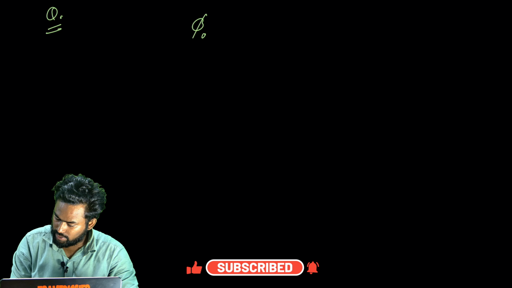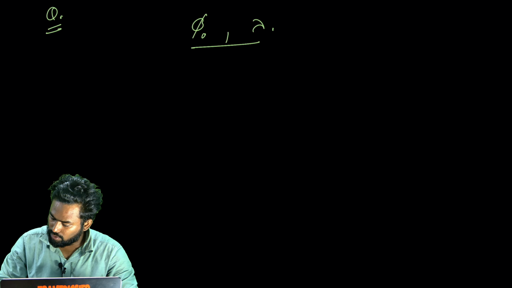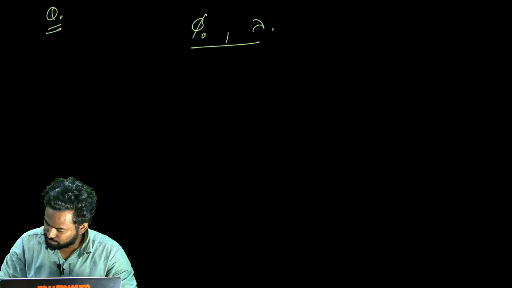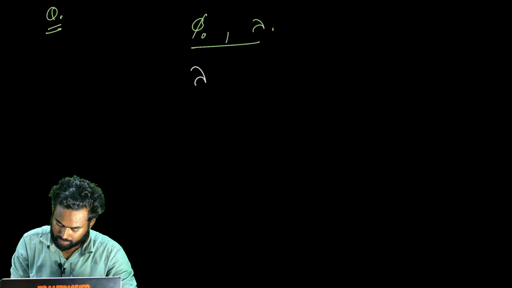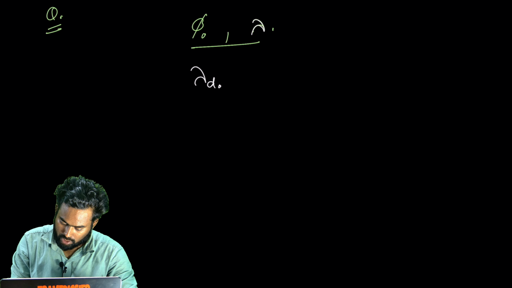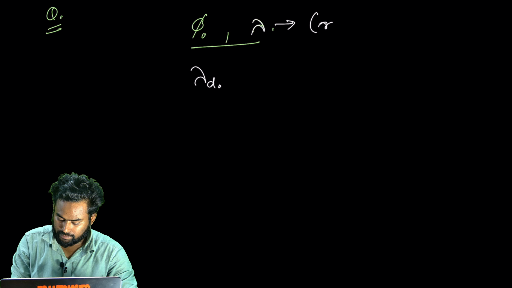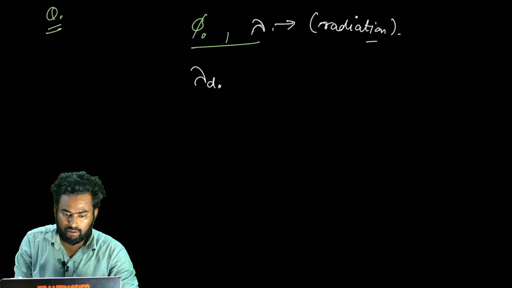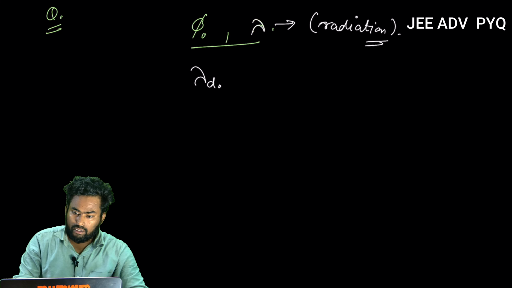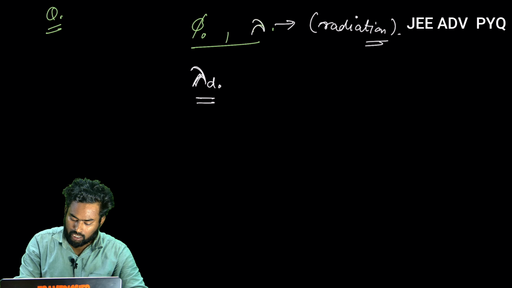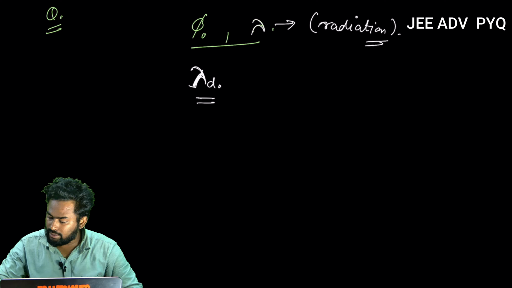We are using wavelength lambda. The fastest photoelectron has a de Broglie wavelength of lambda d. Means when you are using incident radiation of this wavelength, in that case, whatever electron is coming out, the fastest electron has this de Broglie wavelength lambda d.